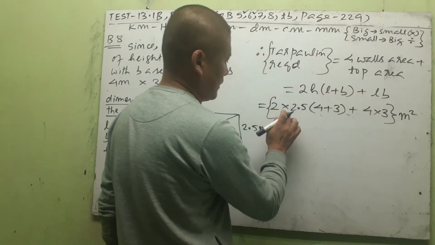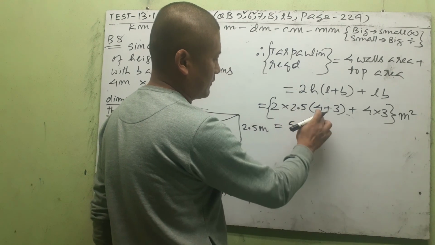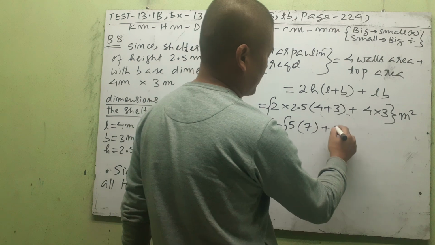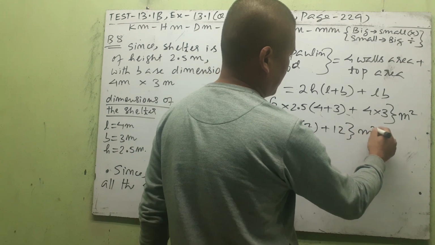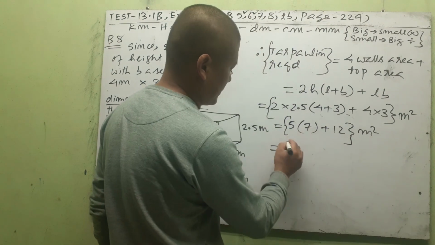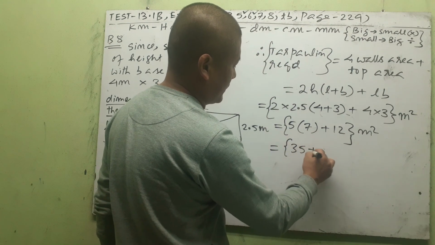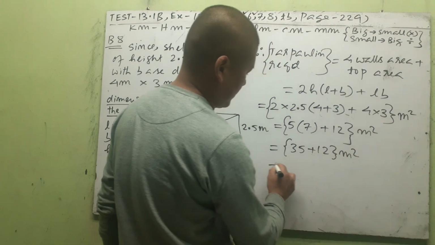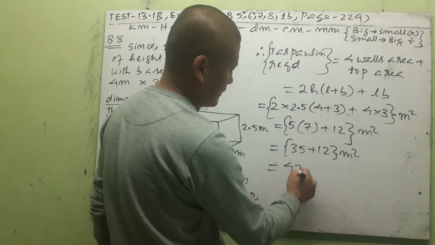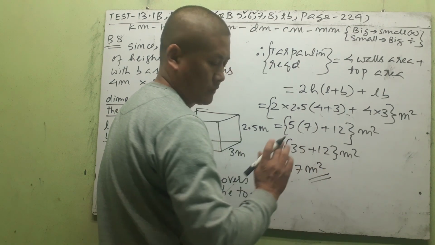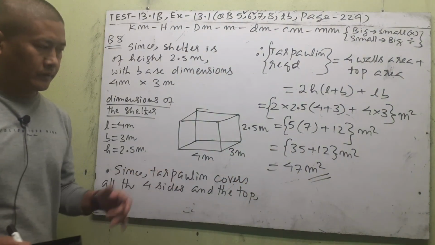Then 2 into 2.5 is 5, 4 plus 3 is 7, then plus 4 3s are 12 meter square, then 5 7s are 35 plus 12 meter square, 47 meter square is the total tarpaulin area that is going to be required.